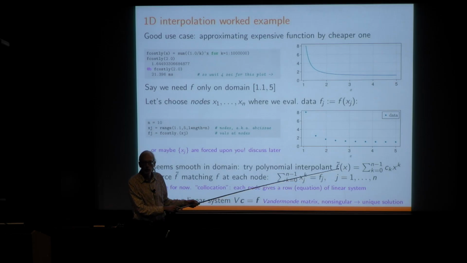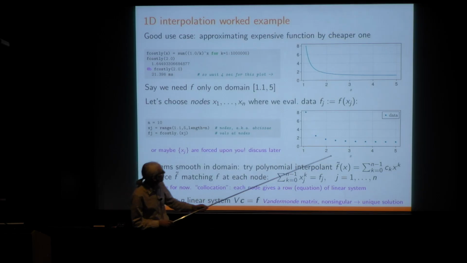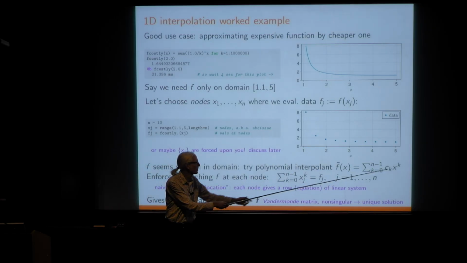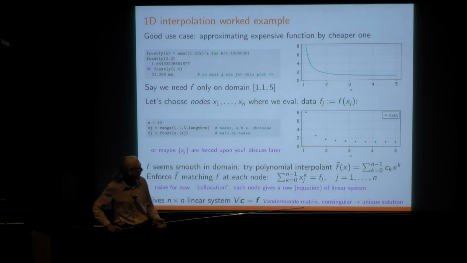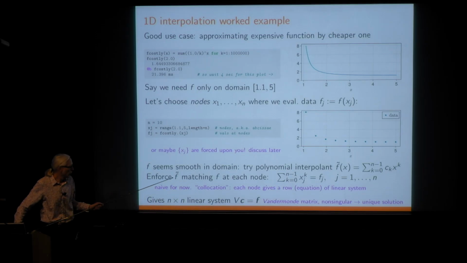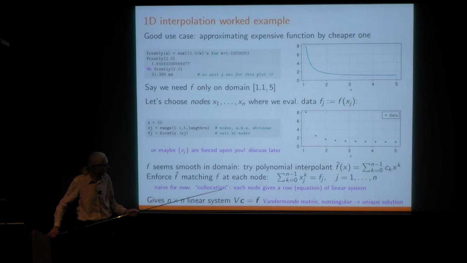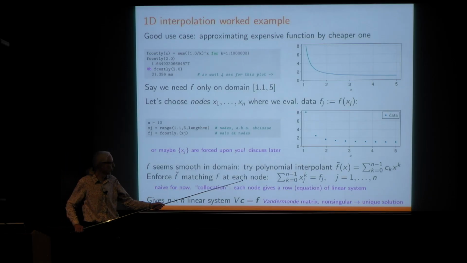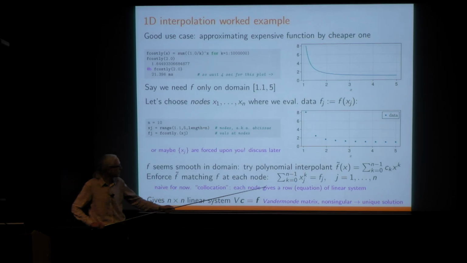F tilde is going to be the interpolant, or the cheap approximant. So you sum up c_k times x to the k. We want to enforce matching the data at each node. That's called an interpolant. It means you enforce the matching at a set of points.